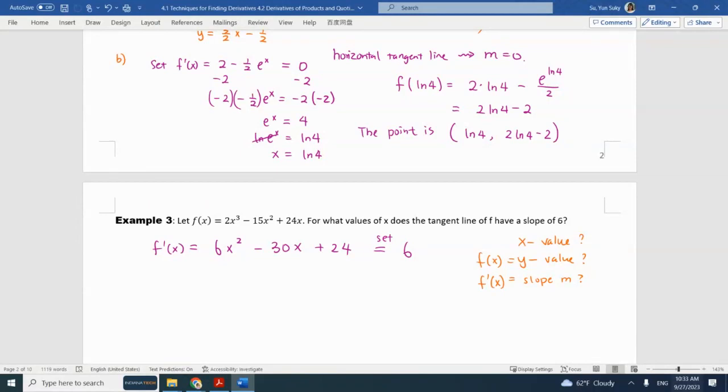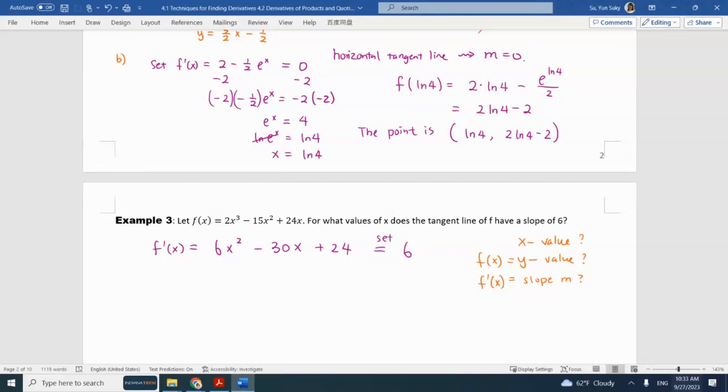So slope is 6, and you set the derivative equal to 6. Sometimes students get confused and put the 6 for the x. No, this is slope. X is where the point is located on the x-axis, but slope is the slope of the tangent line. It means something different, so be careful. Your slope is 6. Don't put the 6 for x. Your x is not 6.